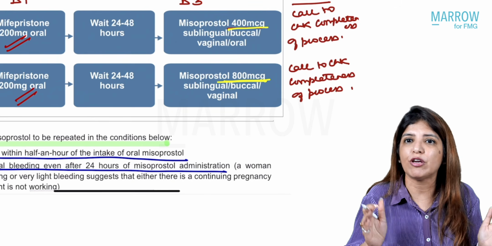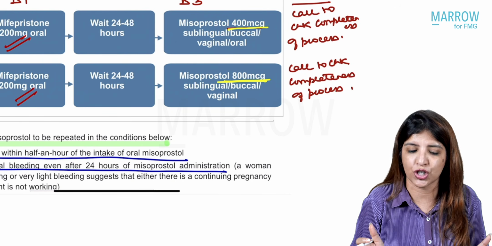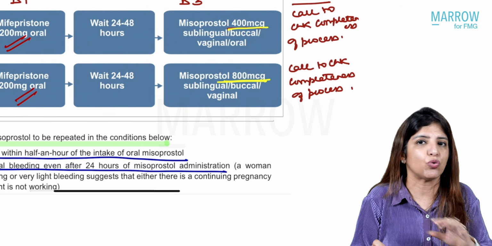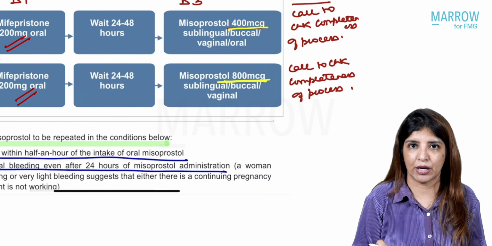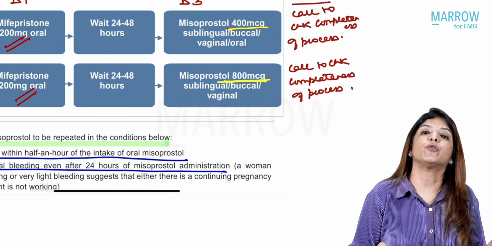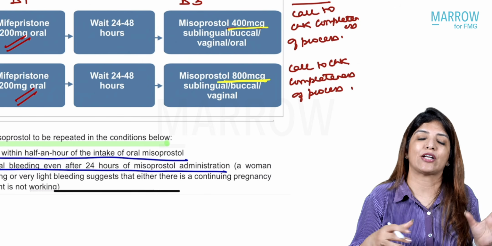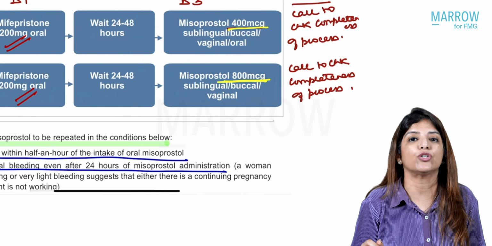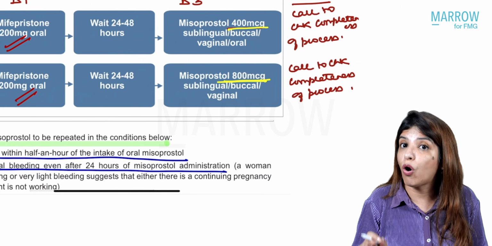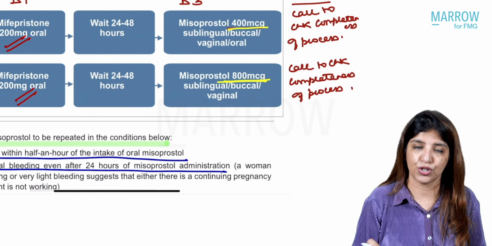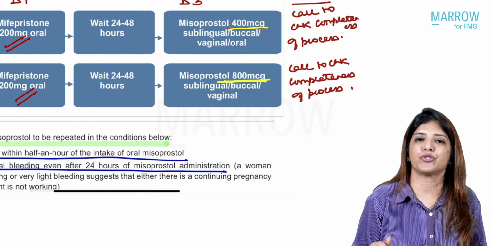But in all females who are coming to me for medical abortion, before giving her mifepristone, I am not going to do an ultrasound. Similarly, when I'm calling her on day 15 to check whether the process is complete or not, I am not going to do an ultrasound. How will I then know that the process is complete or not?